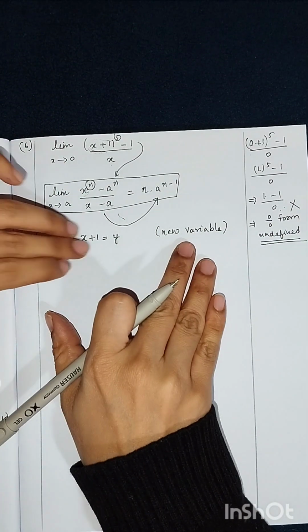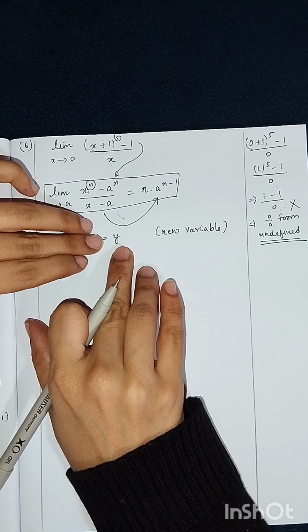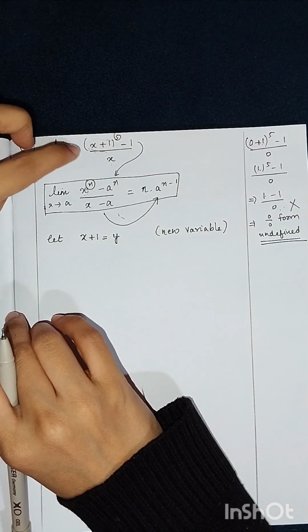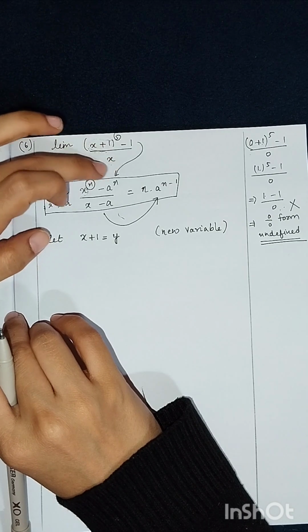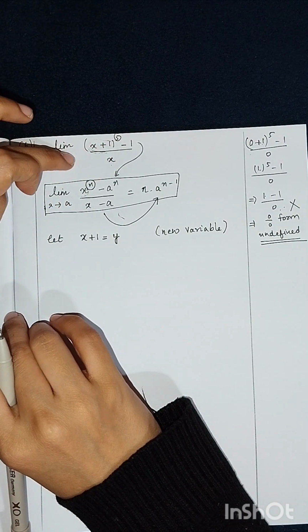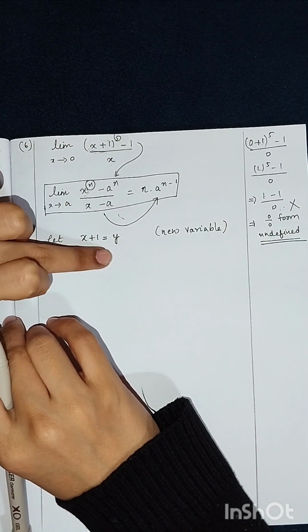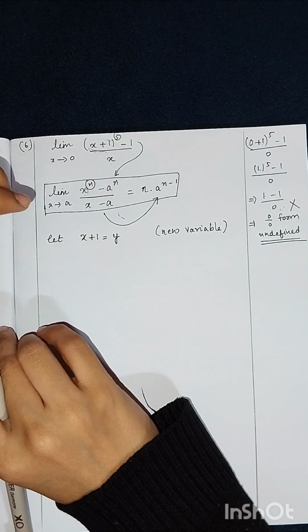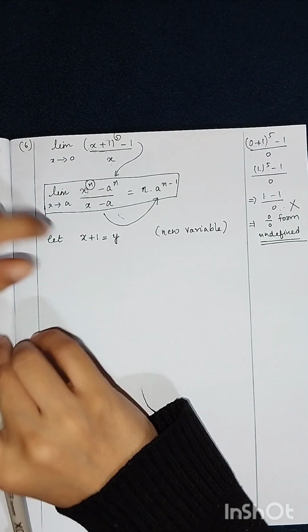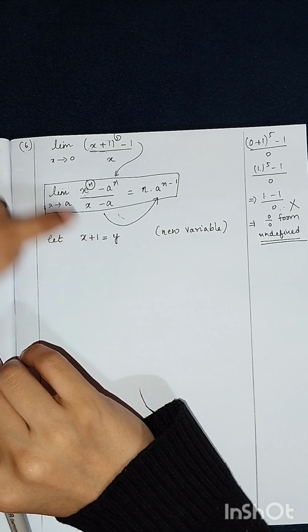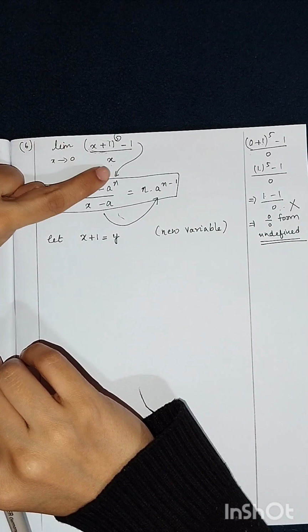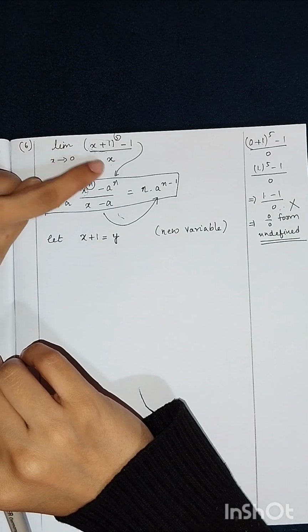Whenever you introduce a new variable, you have to bear in mind that you're supposed to change the other variables also in terms of the new variable. Wherever there is the old variable, you have to change it in the form of the new variable. That is, you have to change x tends to 0 and x also.